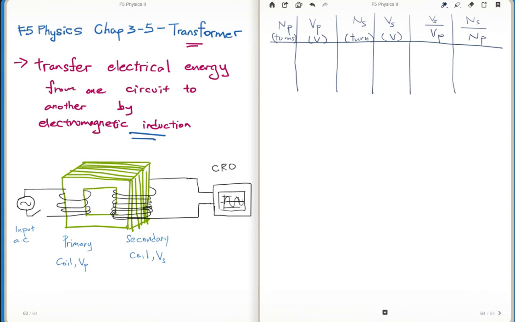You may fix your primary coil to be, say, maybe 4 turns. Then you fix the primary voltage to maybe 5 volt. In your experiment, you fix these two.